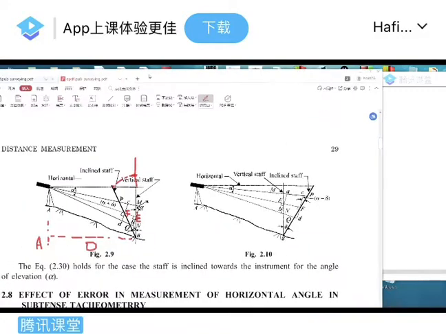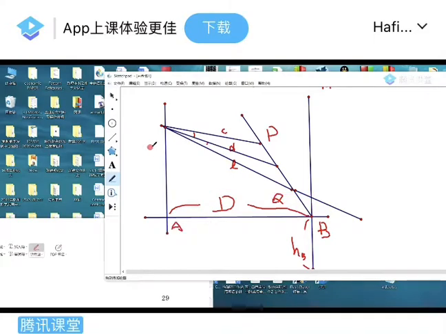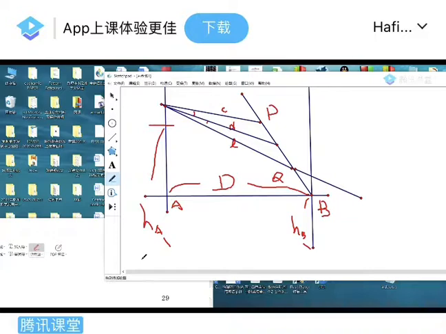HB over here. HA pretty much is over here. Let's see. Suppose this is your C level, the mean C level over here.